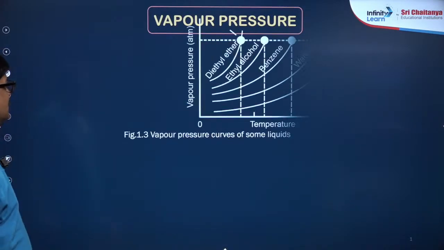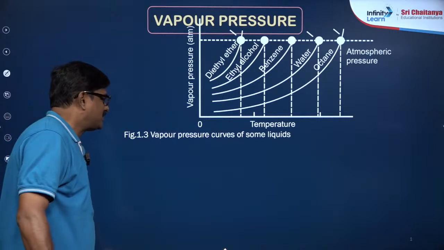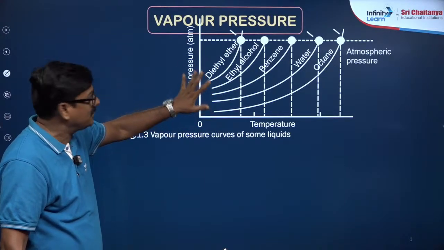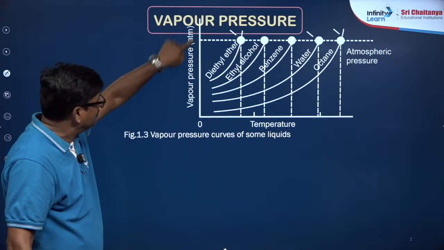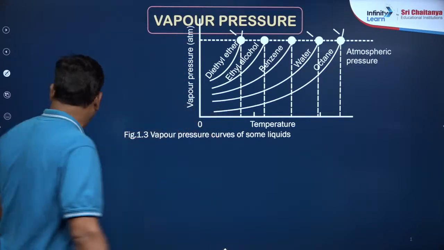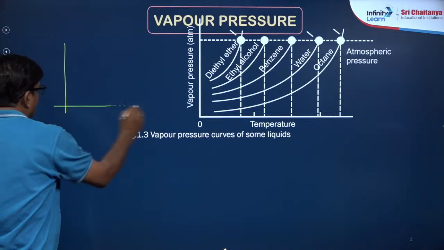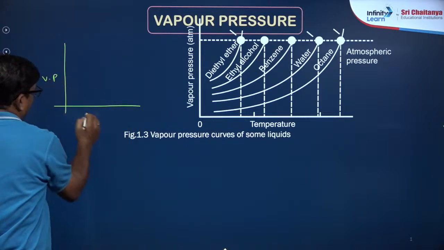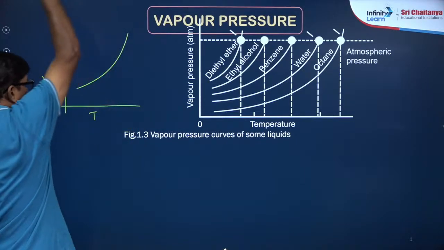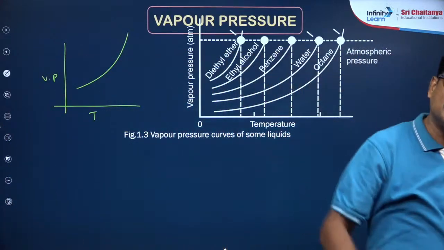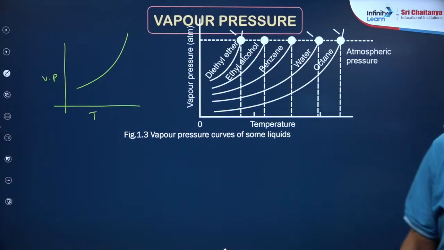So consider the vapor pressure curve for some liquids, vapor pressure against temperature. If you take a graph for any liquid, vapor pressure increases with temperature exponentially.